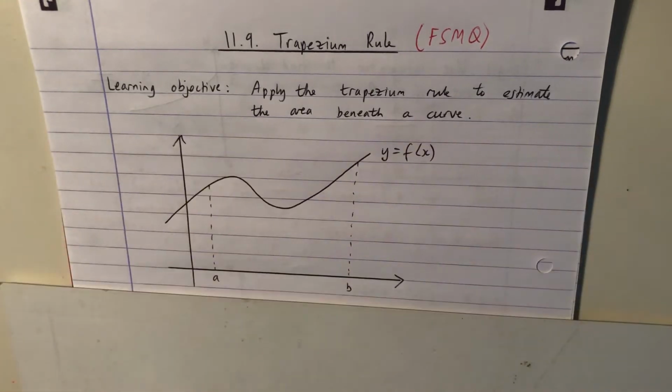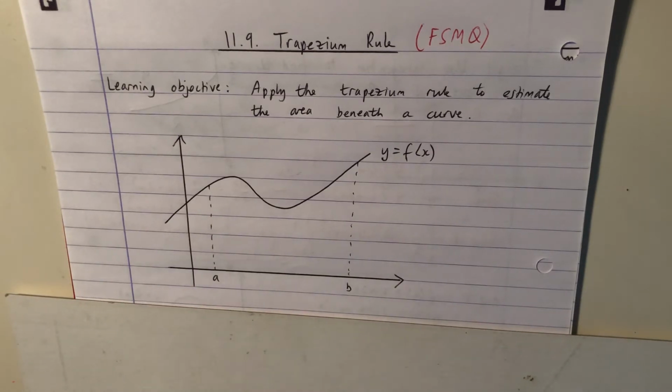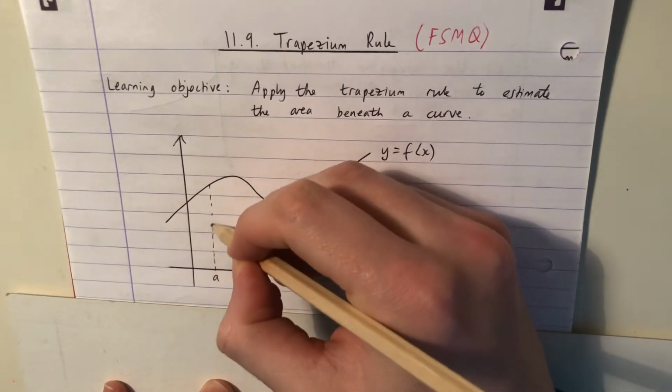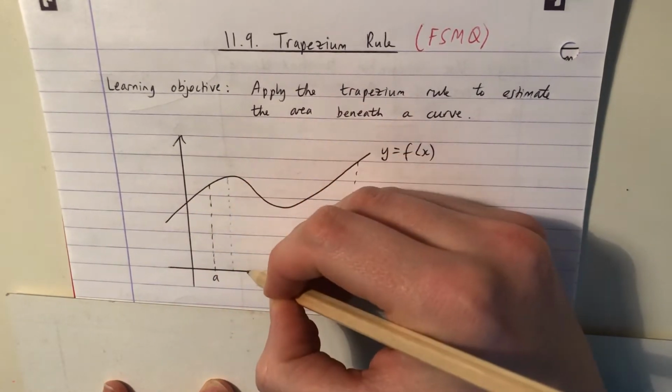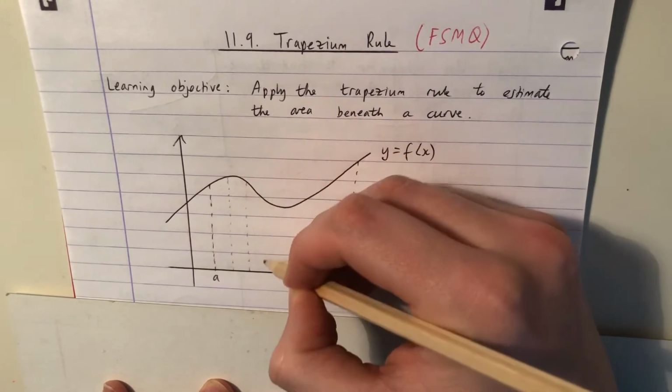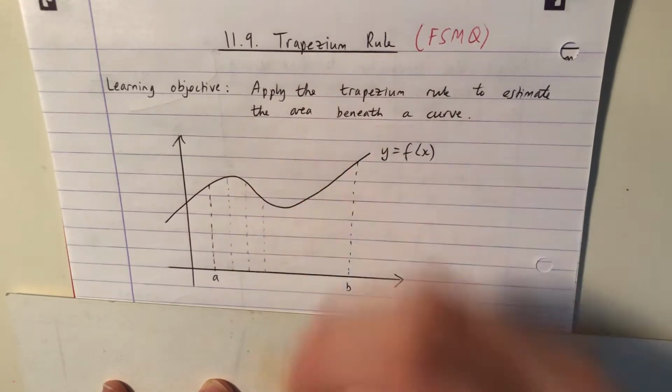So let's see, imagine now we've got a curve like so, call it f of x. I want to work out the area underneath that curve, but I can't integrate it. But one estimation I could do is use trapeziums and effectively split this diagram into different strips of exactly the same width.